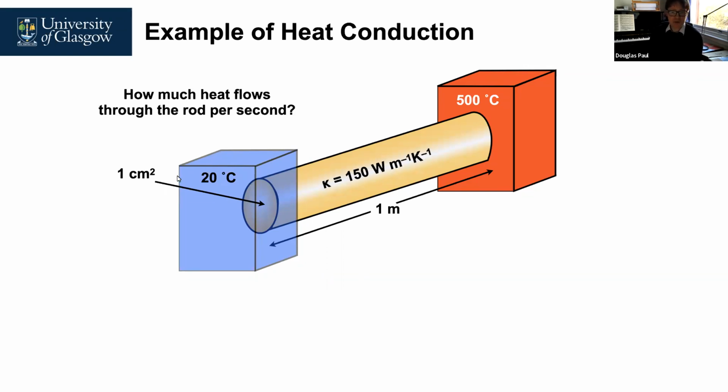So a question for everybody here is, if this is an area of 1 square centimeter, the material has a thermal conductivity of 150 watts per meter Kelvin, and it has a length of 1 meter, how much power is actually flowing through this rod. So has anybody got an idea, if we go through Fourier's equation, how much power, so heat per second, are we going to get flowing into the cold sink on the left-hand side?